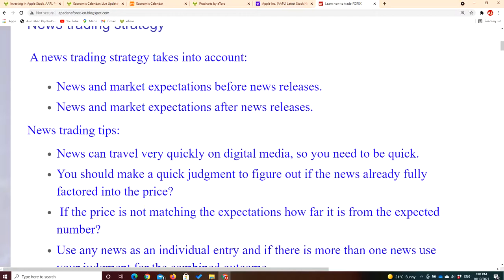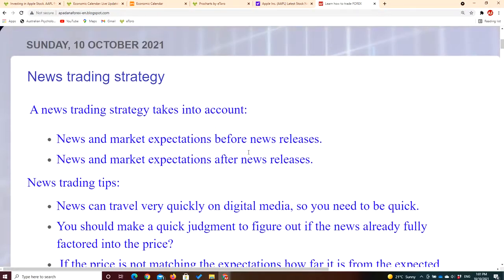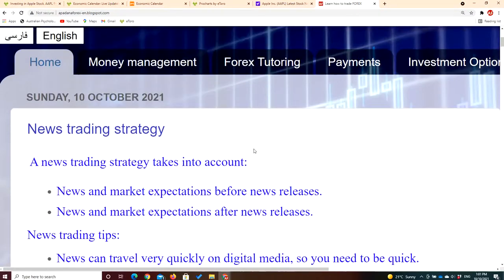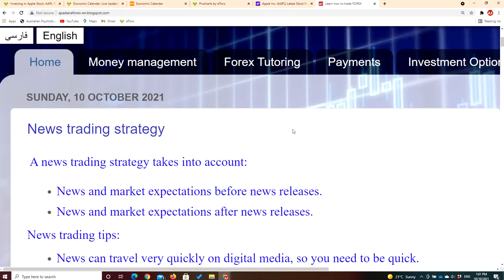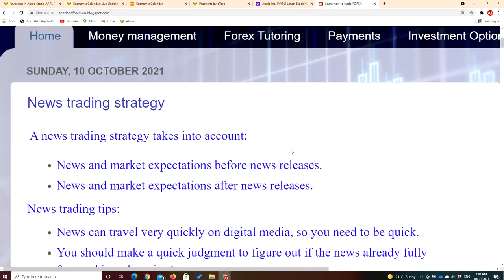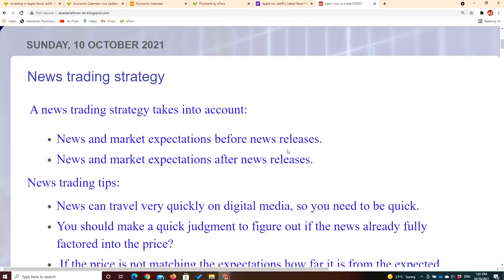So the end of day trading strategy you should have for yourself as well, and also you may decide to do some swing trading, for example, based on the news. These are things that you should include in your strategies, and be prepared for the news trading.